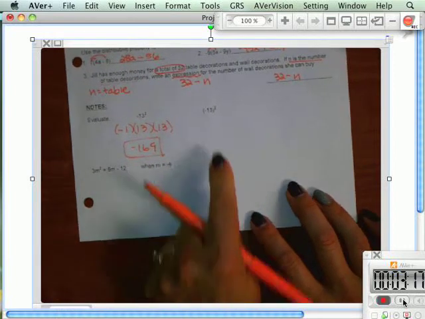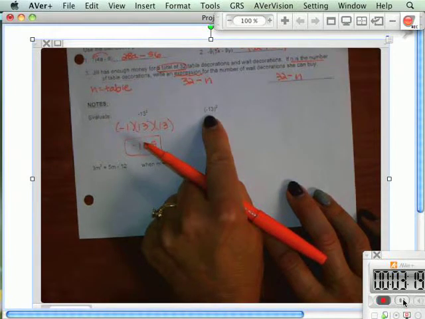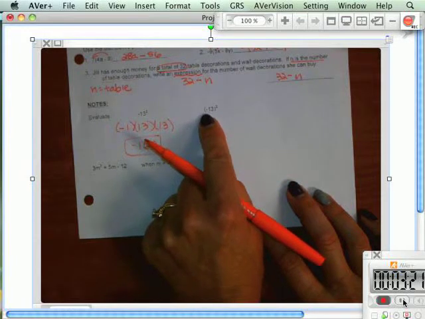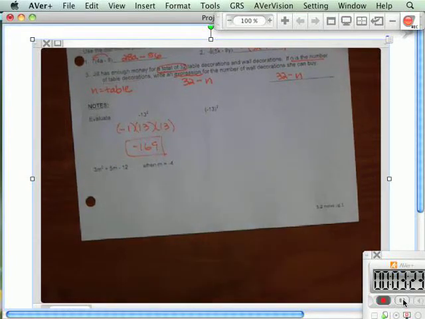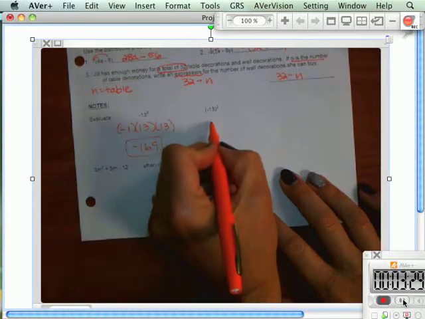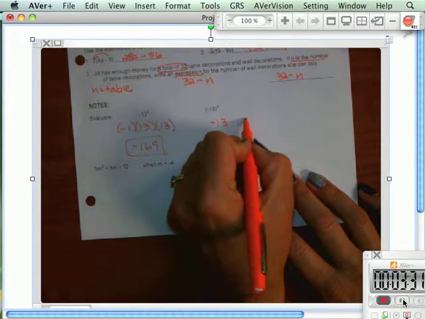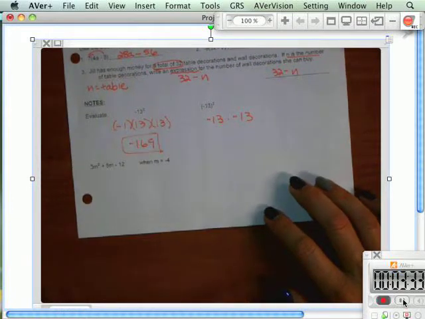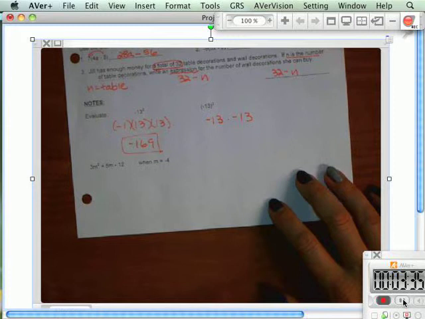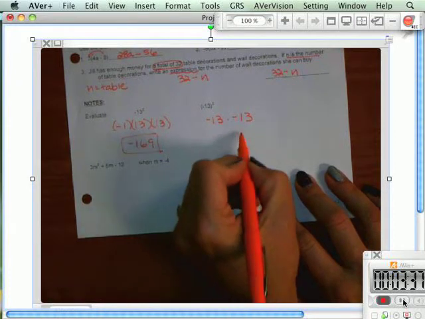This one is different. How is this different? So it's telling me now that's what I'm squaring. Negative 13 times negative 13. This is saying you're going to square negative 13, which will give me a positive 169. So you got to be very, very careful with the difference of those.